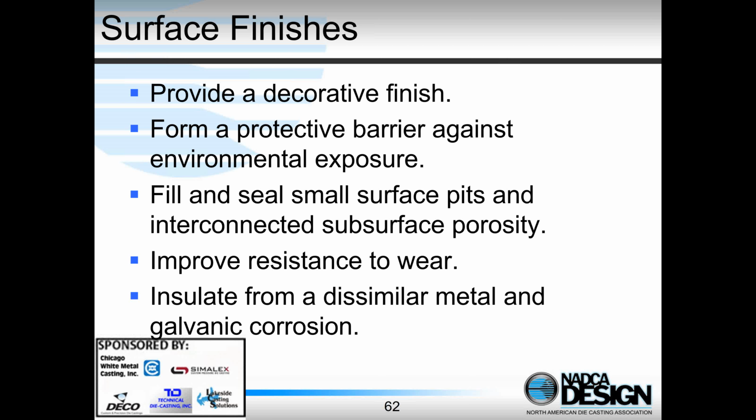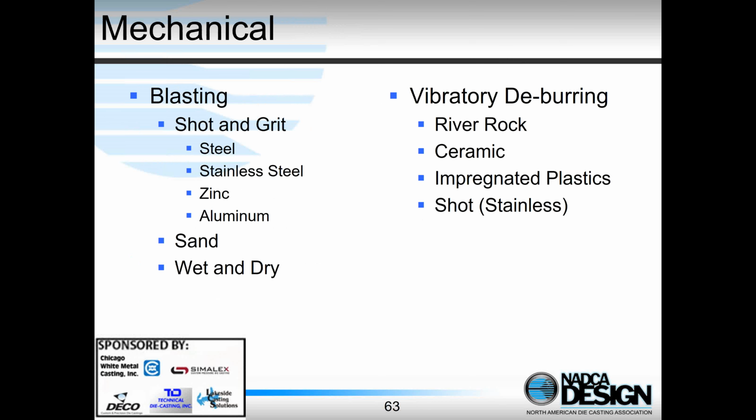We can apply coatings to improve wear resistance, or as we just talked about, to insulate the dissimilar metals for galvanic corrosion. We can also treat the surface of the castings. There's a whole range of processes used, but probably blasting and vibratory finishing are the two most common. Obviously, the goal here is to end up with a uniform, bright surface finish on our castings.